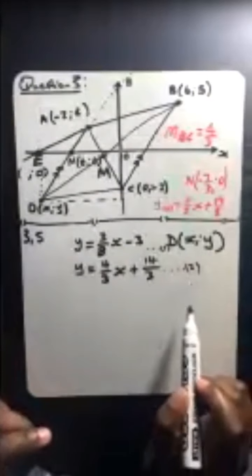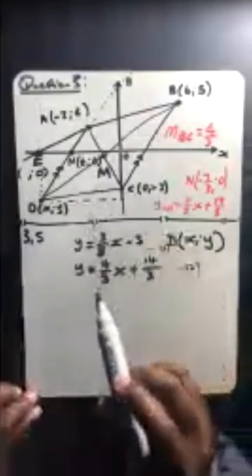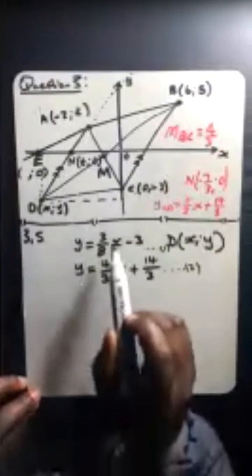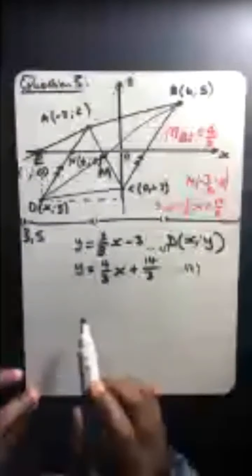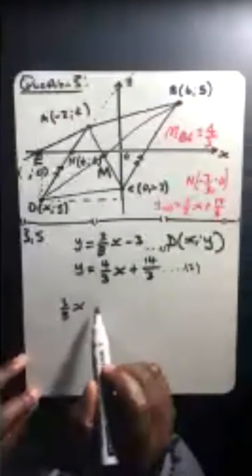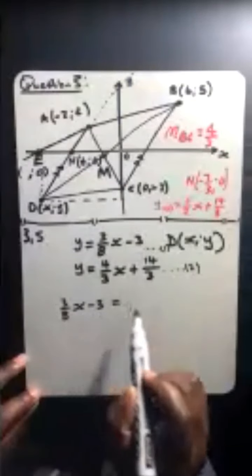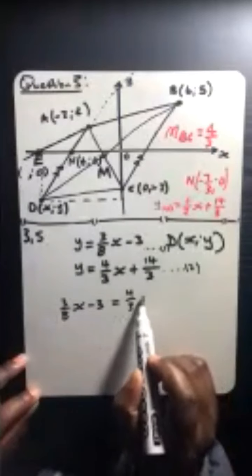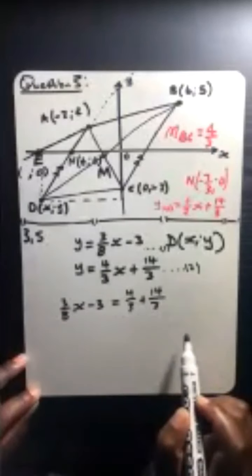Then you solve simultaneously. This y is the same as that y, which means this is the same as that. You just equate: 3 over 8x minus 3 equals 4 over 3x plus 14 over 3.